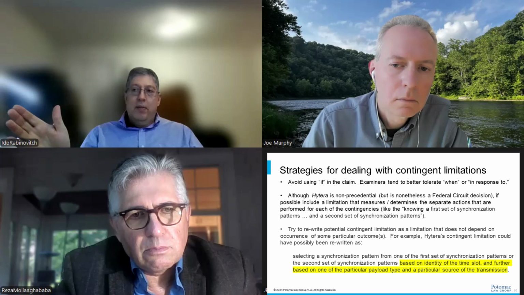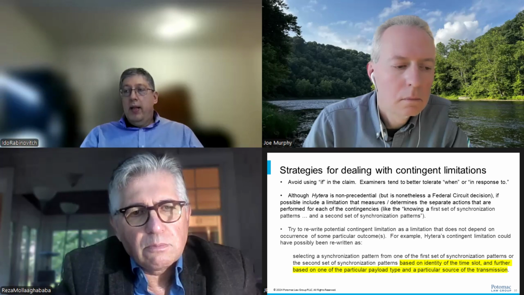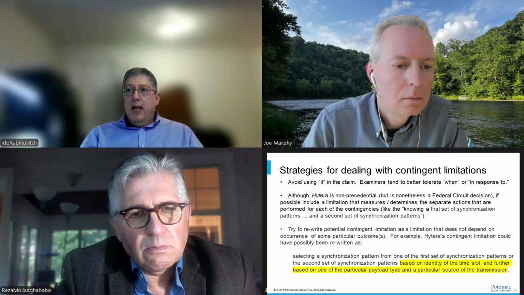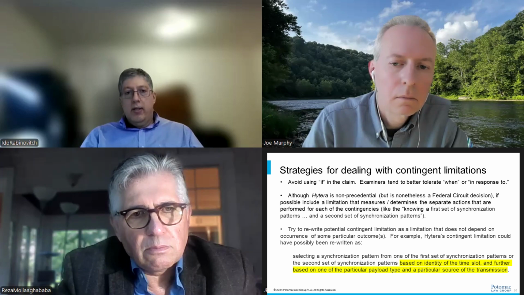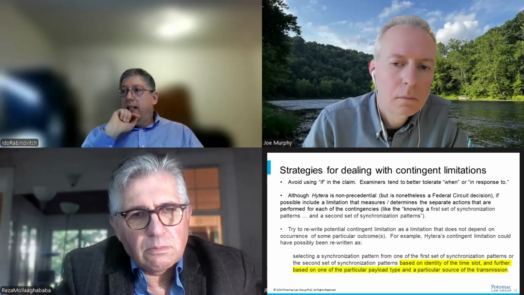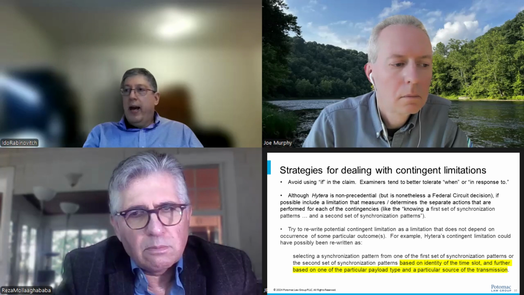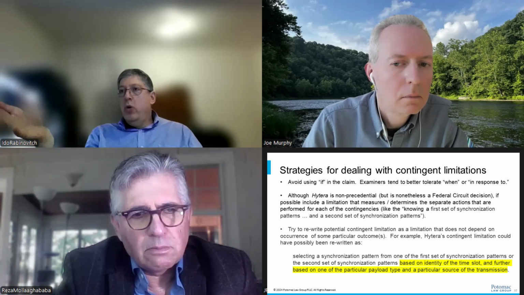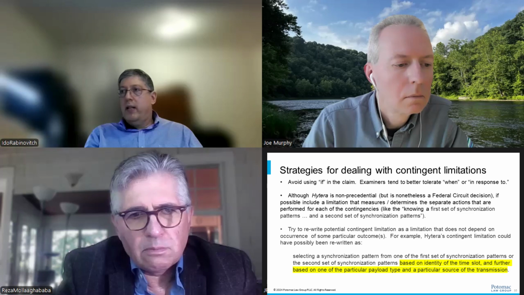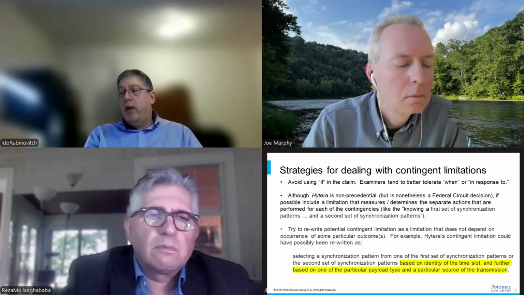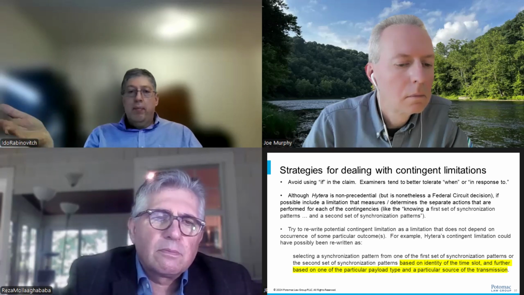But another strategy, which is really just a drafting exercise, is to try to express those contingent limitations without invoking any contingencies. So let's take the Hytera example. In the Hytera, we had to find the first set of synchronization patterns, and we had to determine the second set of synchronization patterns, and then we picked one of them.